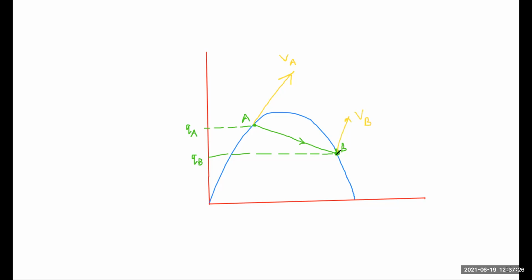This is your KB, and this is your KA. So basically this is the plot of your Q and K. K is plotted on the x-axis, and Q is plotted on your y-axis. So basically this is the representation of your Q and K.